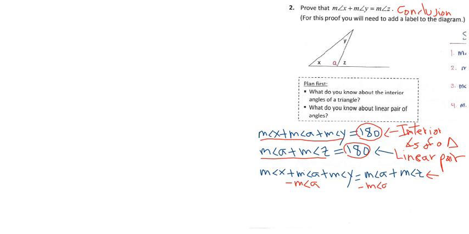So we get rid of these two measure of angle A's, leaving us with exactly what we want, which is the measure of angle X plus measure of angle Y is equal to the measure of angle Z. And this would be because we're using subtraction.